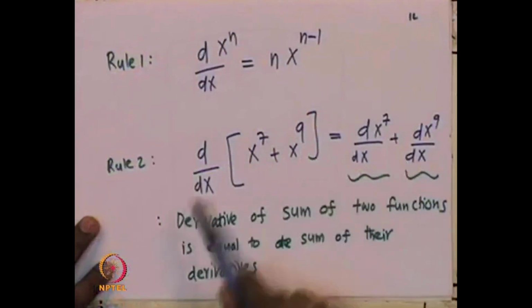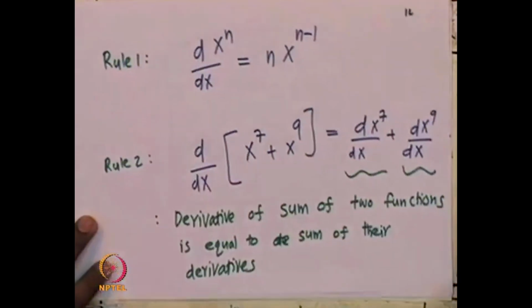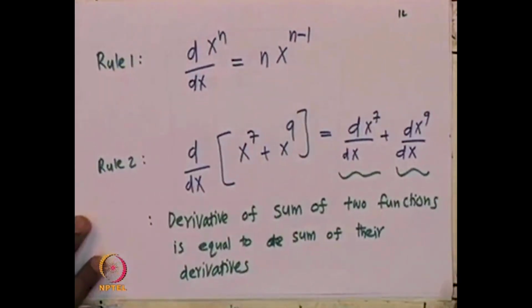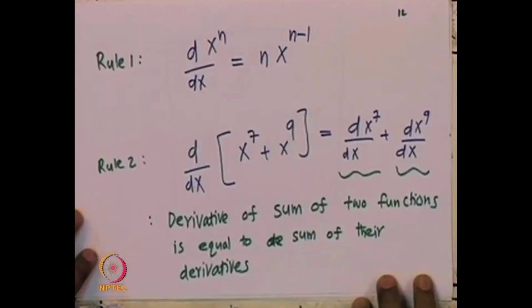So if you just know these two rules, rule 1 and rule 2, you can calculate the derivatives of many known functions, and we will use this in the next class to learn many more functions. So we will stop here today.